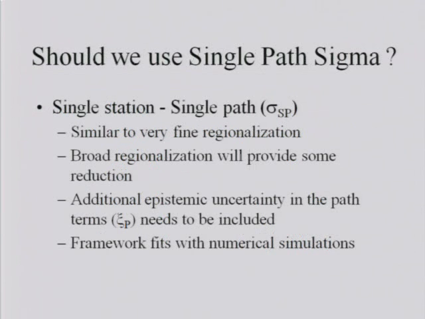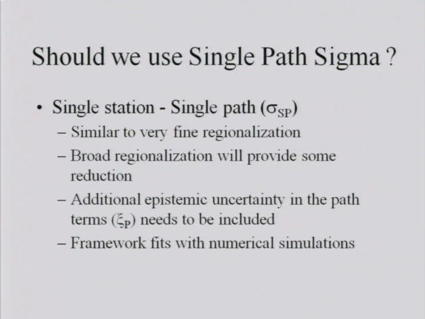So, should we be using single path sigma? We talked about single station sigma. Yes, it's appropriate if you're going to do a detailed site response and you will capture or take the penalty for the epistemic uncertainty in how well you can characterize the site. This is really similar to very fine regionalization.